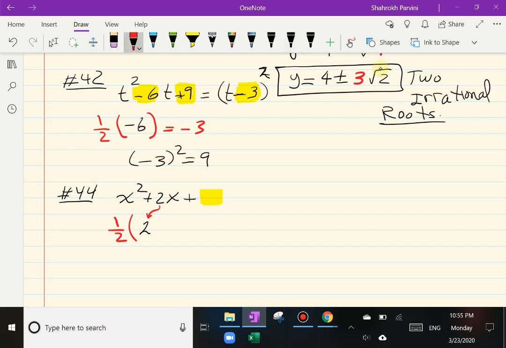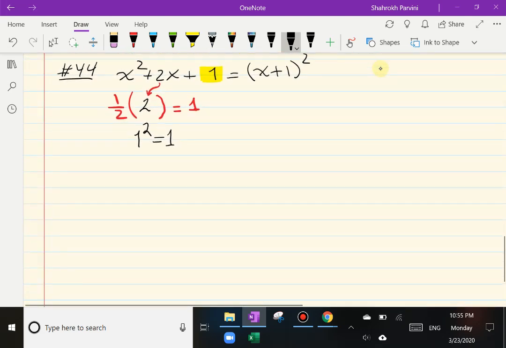So we're going to go half of 2, and that's going to be 1. But then remember, we need to square this number. So we're going to go 1 squared, and of course 1 to any power is 1. So what we're going to add here is 1. The binomial form of this is going to be x plus 1 squared. And there we have completed the square in this one.